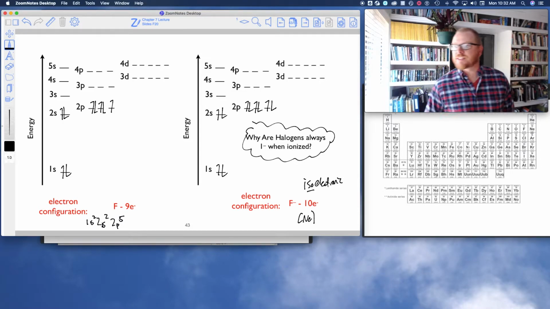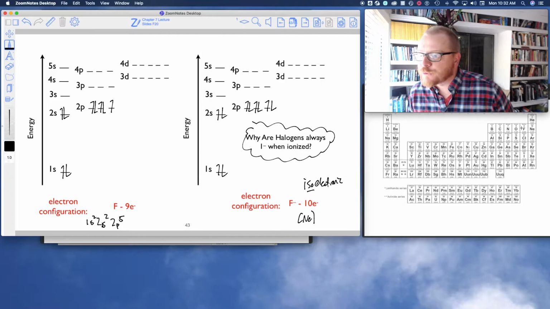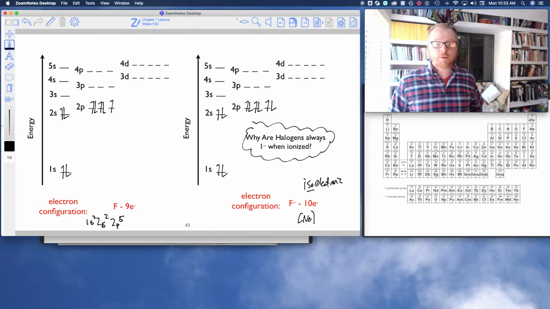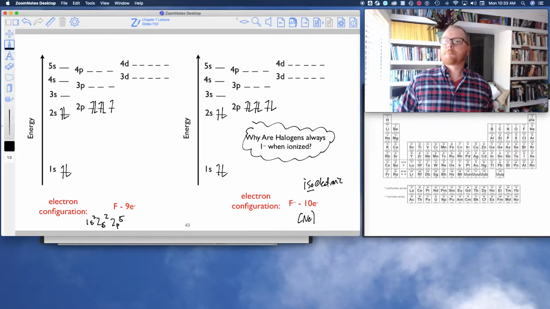And now if we notice here, fluoride becomes isoelectronic with neon, chloride becomes isoelectronic with argon, bromide to krypton, iodide to xenon. So just like in the previous example, the halogens always are -1 because that gives them noble gas configuration.